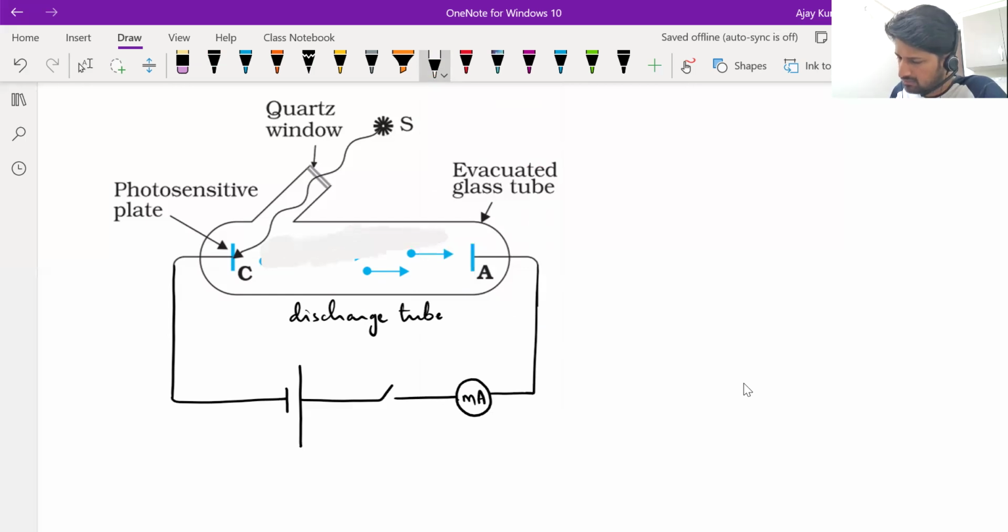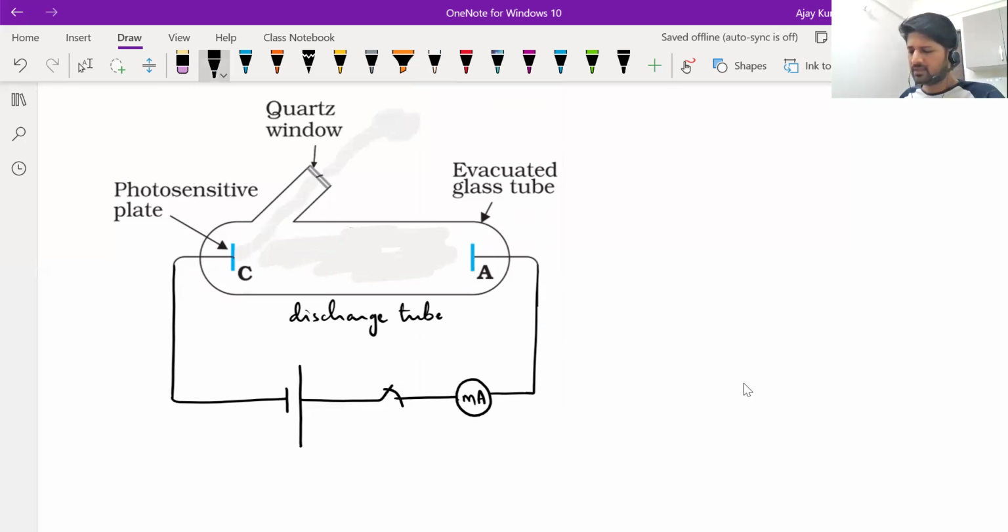Now see, you just take an evacuated glass tube. Evacuated glass tube means there are no gas molecules inside it. It's completely vacuum. And assume the source is not switched on yet. The radiation is not switched on yet. Now what will happen? Even if you close this switch, the circuit is not complete. You have applied a voltage, or a potential difference. There's an ammeter also connected, but it's not a closed circuit. So you can't expect current to pass through this ammeter. So reading will be 0.